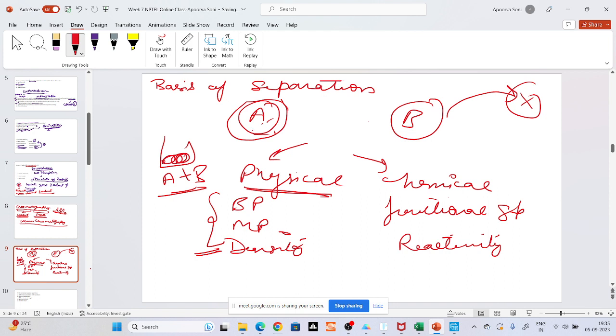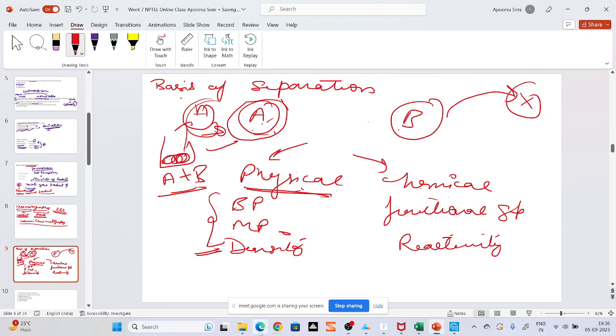I know that A has a boiling point lesser than that of B, so first whatever gets boiled is A. I will condense it and I will get A. This is a very crude way of saying how to separate, but what I'm trying to emphasize is that the basis of separation is the difference in properties, whether physical or chemical, of the components of the mixture, which can be exploited for separating them.